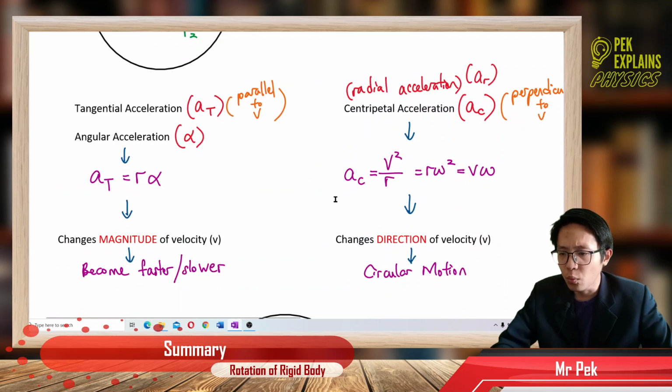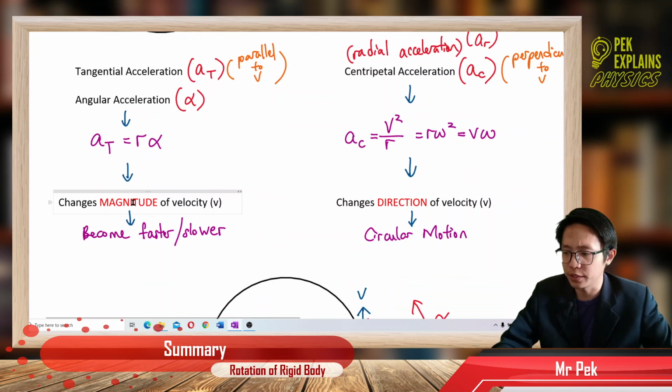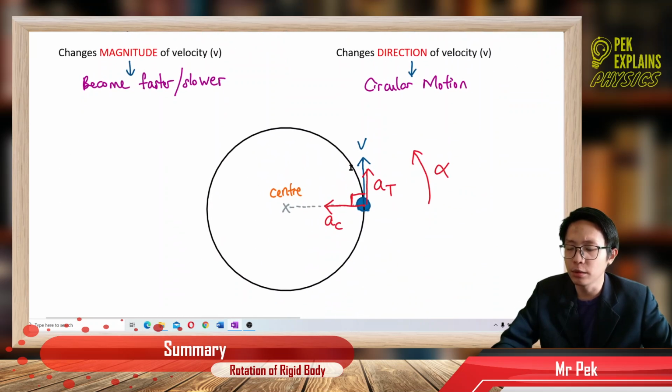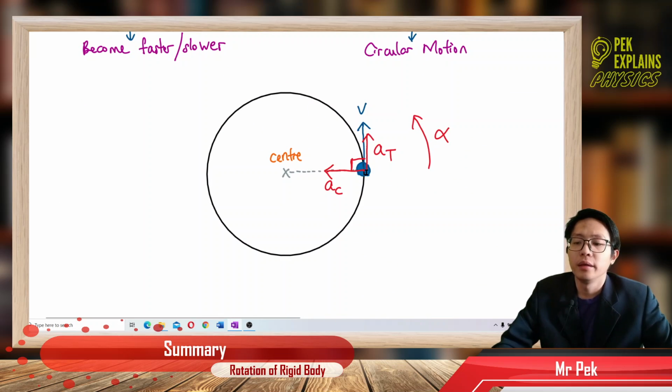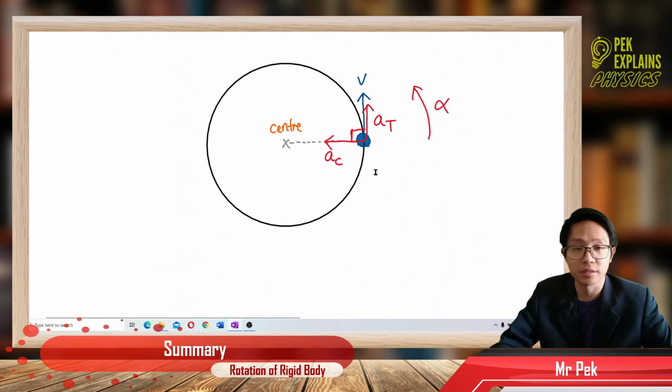Now, what's the difference between centripetal acceleration and tangential acceleration? Let's look at the direction first of all. Tangential acceleration is tangent to the circle, just touching the circumference. It is parallel to the velocity. But centripetal acceleration is towards the center of the circle.